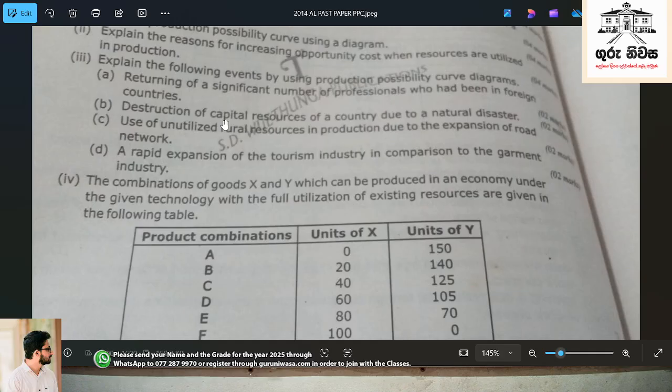Productivity means the ability to produce goods and services. Productivity is mainly affected by technological advancement, management technique, division of labor, quality of education, training, human capital, and positive attitudes.